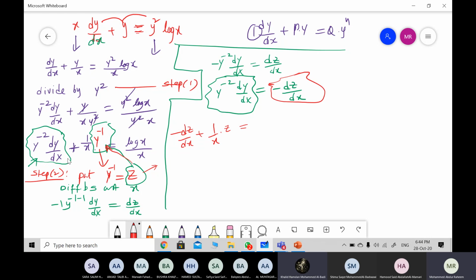So this is dz/dx, this is z over x, and this is log x divided by x.